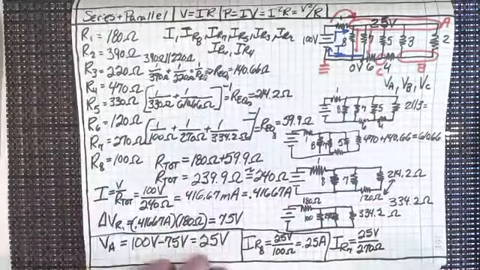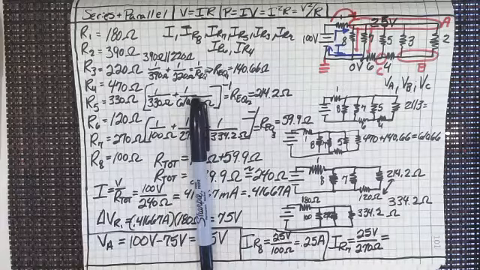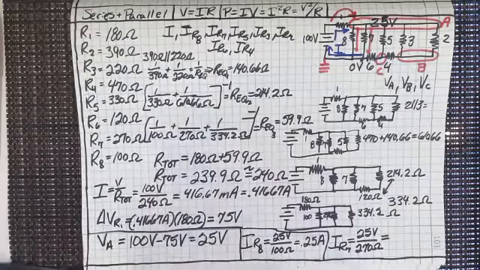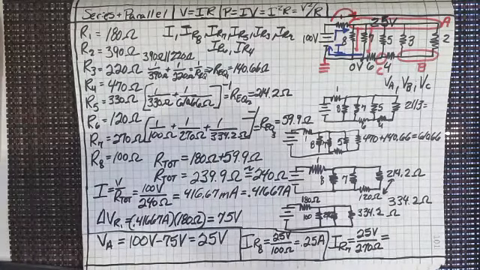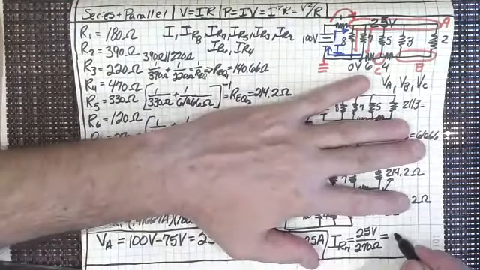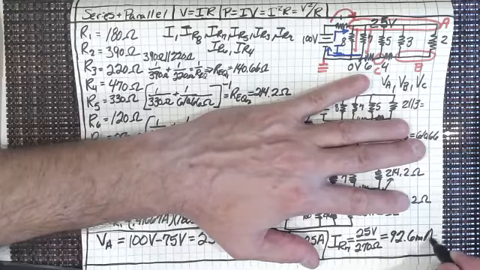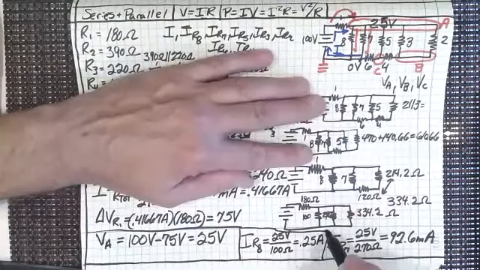So 25 divided by 270 ohms is 0.0925, or 92.6. I'll write it out, 92.6 milliamps, right?